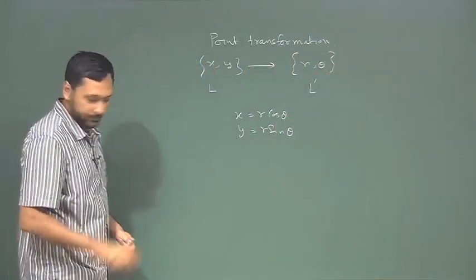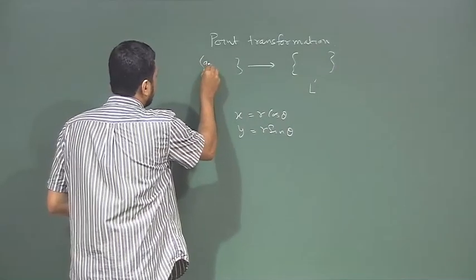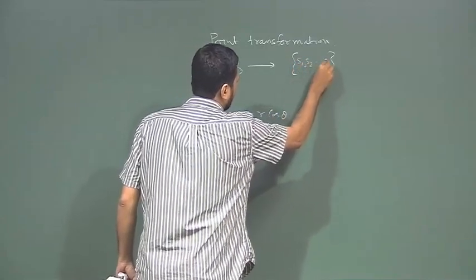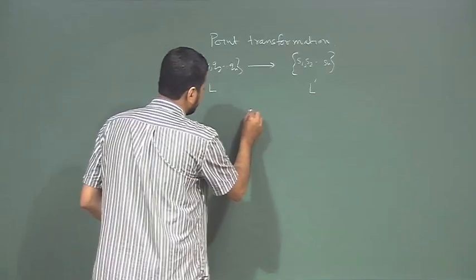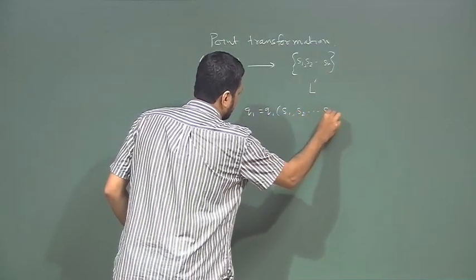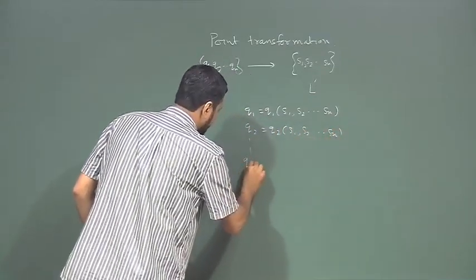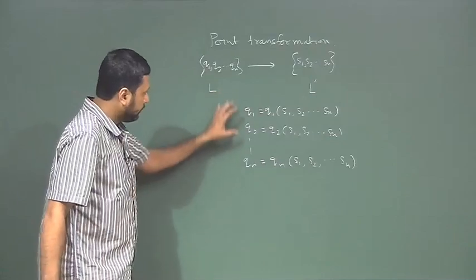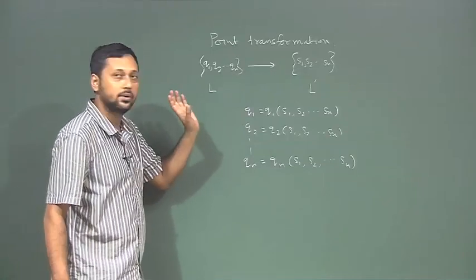Now, in general, if I write this set of coordinates as q1, q2, up to qn, and this one as s1, s2, up to sn, and if there is a set of transformation equations which will correlate these two, so q1 will be a function of s1, s2, up to sn, q2 will be a function of s1, s2, up to sn, similarly qn will be a function of s1, s2, up to sn. The only criterion is that the two sets of generalized coordinates have to be equal in number.